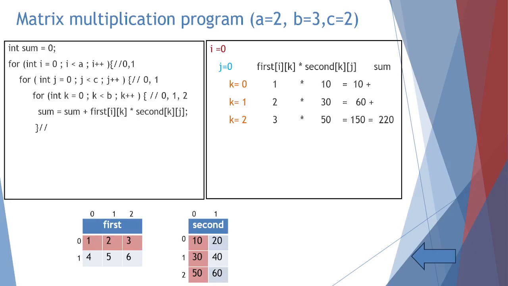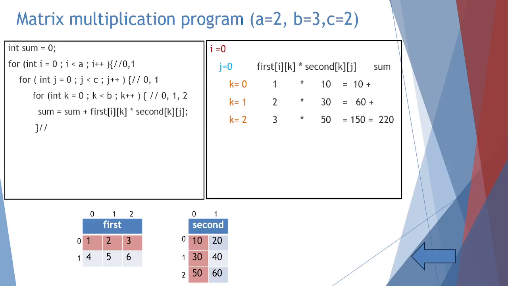Then multiplied by second of Kj. What is Kj? K is 0, J is 0, 0, 0. K is 1, J is 0, 1, 0, 2, 0 of second matrix. That is, one is horizontally we are accessing, second one we are accessing vertically.